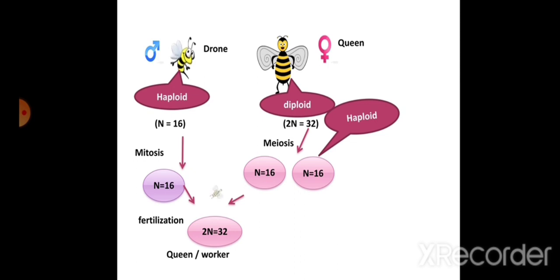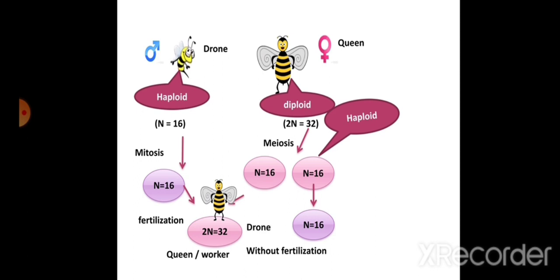If the egg doesn't get fertilized by the sperm and undergoes parthenogenesis, that is, without fertilization it is converted into a new young one, then it becomes haploid only, and that is called a drone. So haploid will be male, that is drone, and diploid can be queen if she is fertile, and if she becomes sterile, then she is called a worker.